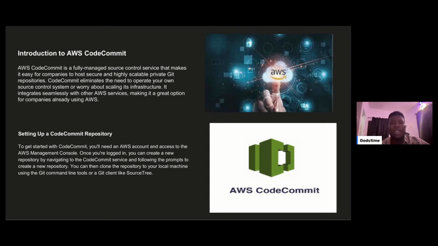So for Git based version control, there are so many types. We have GitHub, we have GitLab, we have Bitbucket. Bitbucket is a type of Git based version control, and then we have AWS CodeCommit. AWS CodeCommit is a fully managed Git based version control.